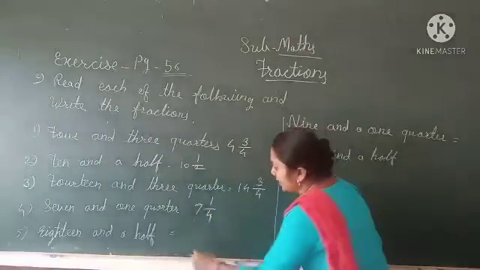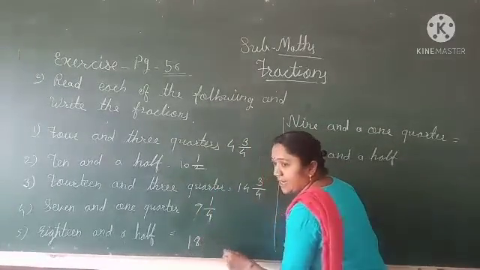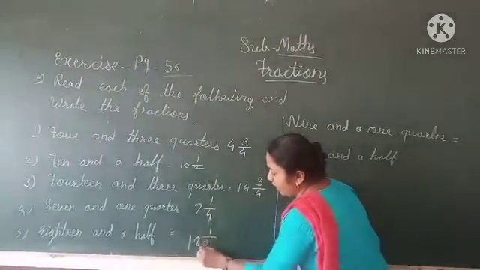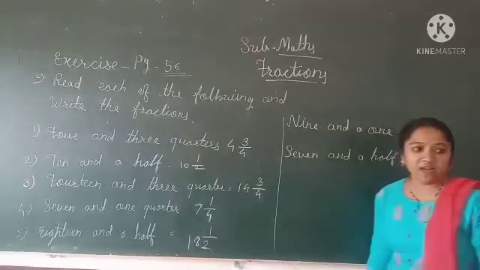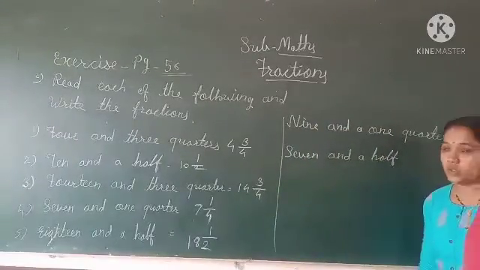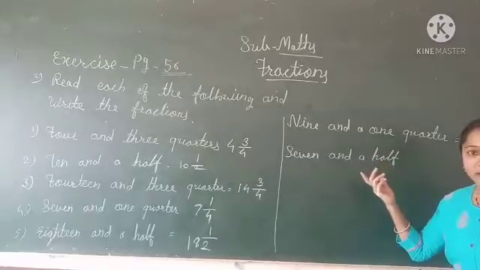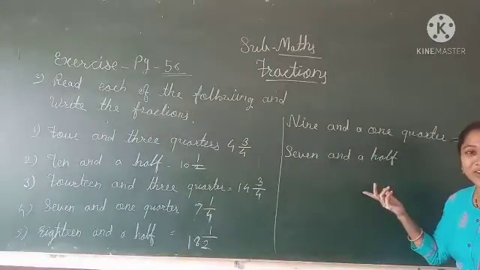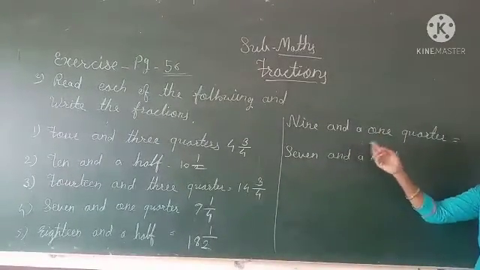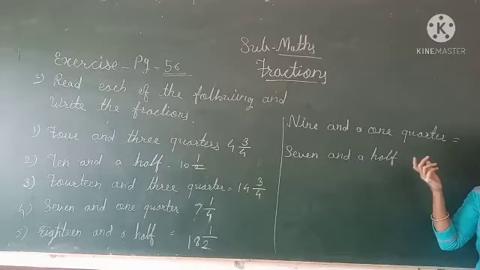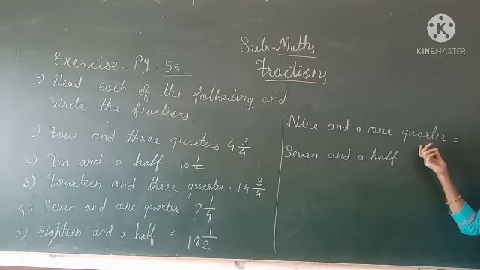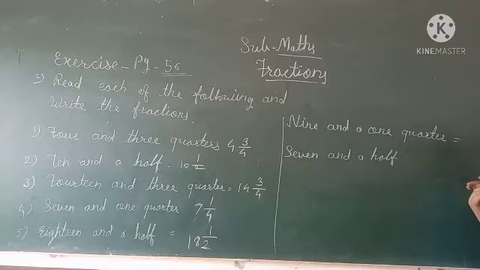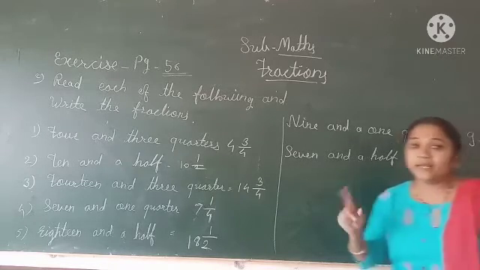So how to write this? 18 and a half means 18 and 1/2. Half means 1/2. Okay, got it everyone? Yes or no? So 19 and a quarter. 19 and a quarter means 19 and 1/4. 1/4 means 1/4.